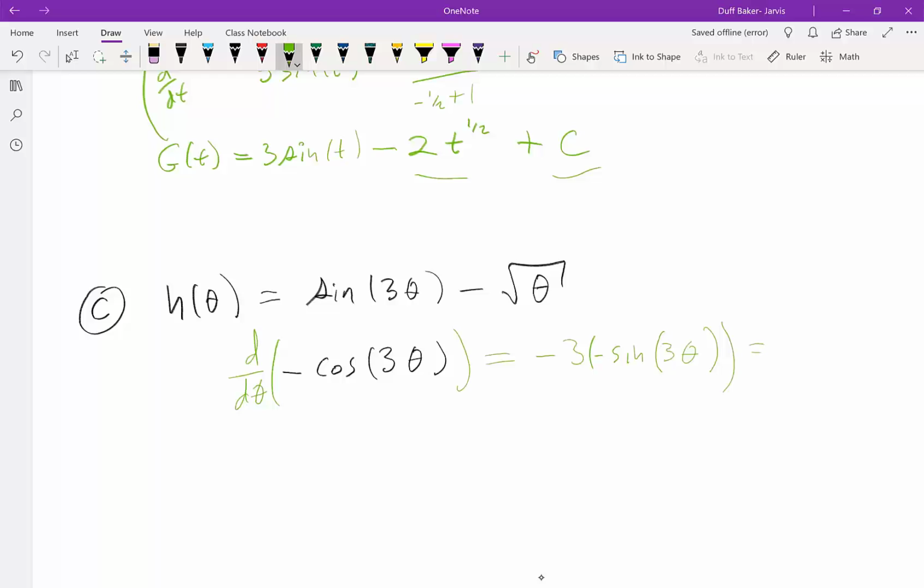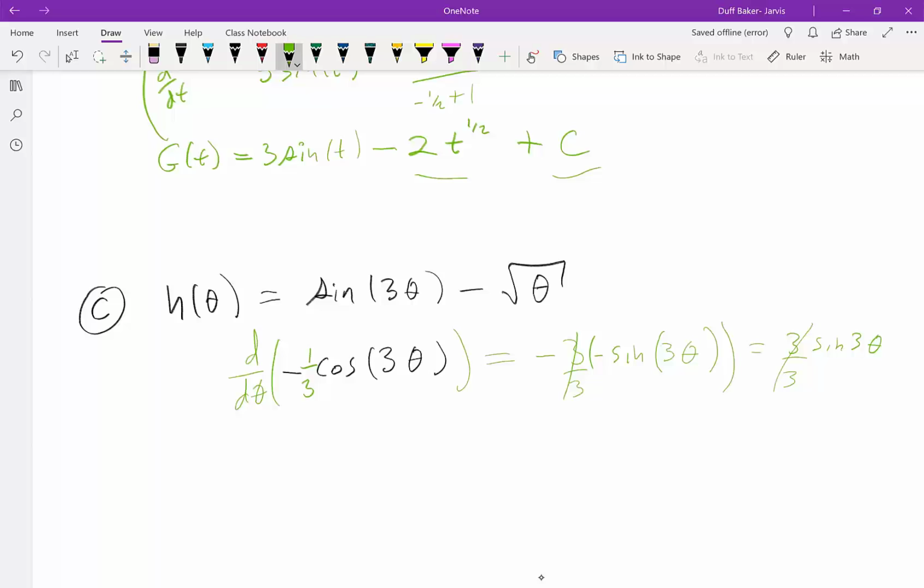And so if you work this out, this would be 3 sine 3 theta. But that's not quite what we want, right? We want just sine of 3 theta, so that means we're off by a factor of 3. So we can fix that by putting in an extra 1/3. And that will get rid of these extra 3's everywhere, right?